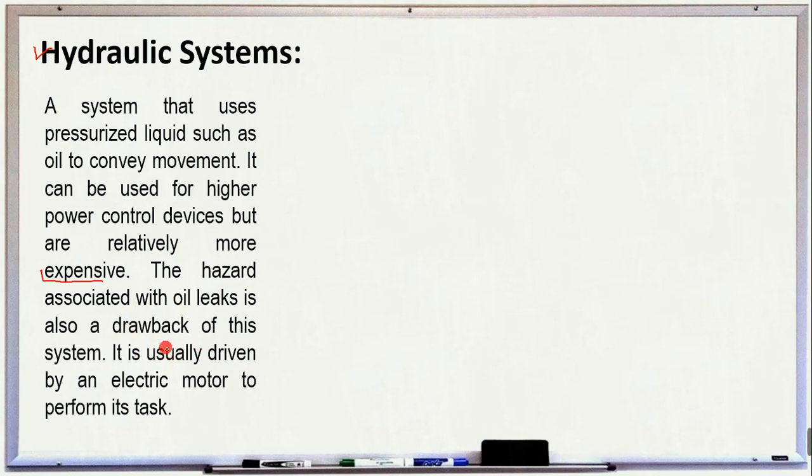That is why kailangan nga ang pag-designer, no, dapat kanang leak proof, no. Okay, dapat walay mga leaks, and then it is usually driven by an electric motor to perform its task. Again, kung magamit ka hydraulic actuation system, dapat pressurize imong liquid nga gamito, no. Dili pwede liquid under atmospheric pressure because you cannot convey a movement for that particular condition.